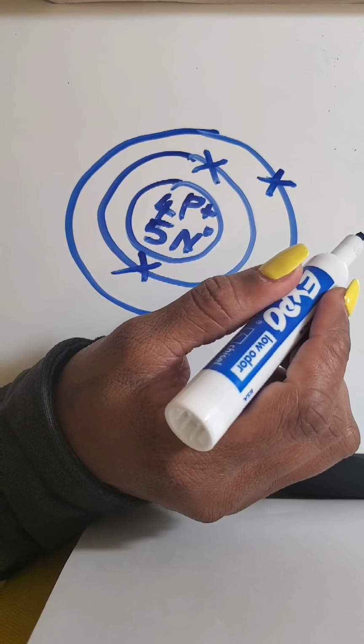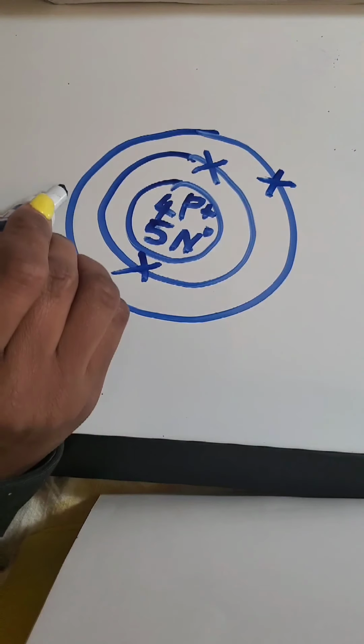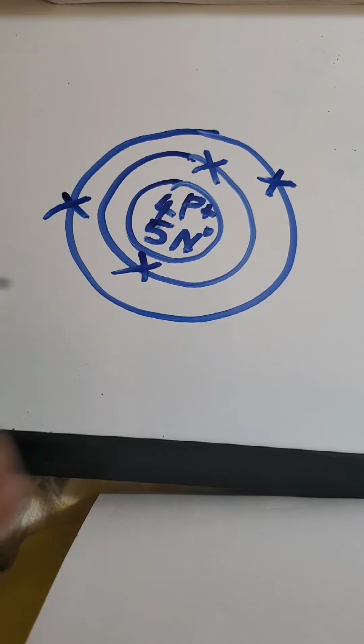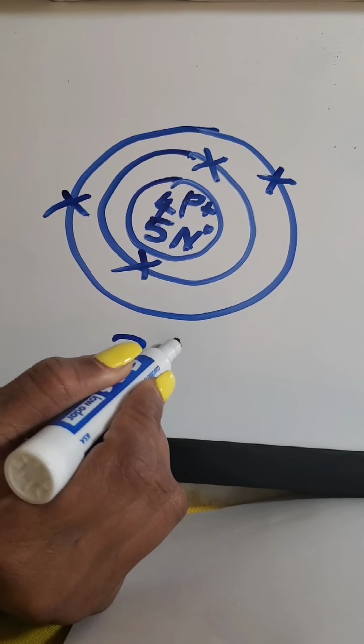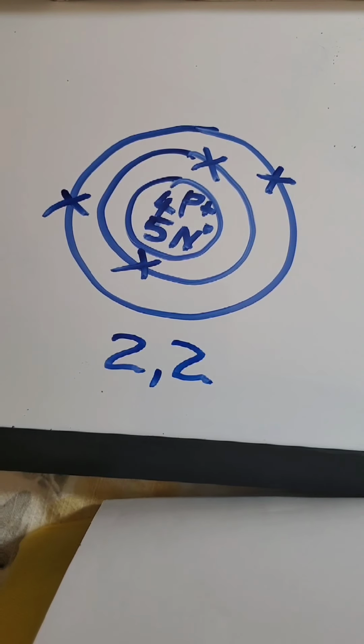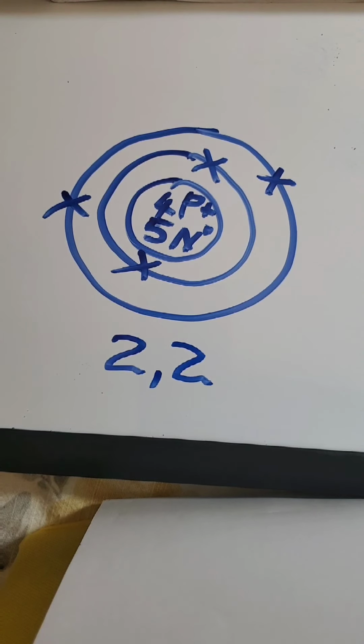And remember, 2 could go on the first shell, and we need a maximum of 4. So we have to draw the second shell and put 2. So we have 2 on the first shell, 2 on the second shell. We represent that as 2, 2. And that is it for our beryllium atom structure.